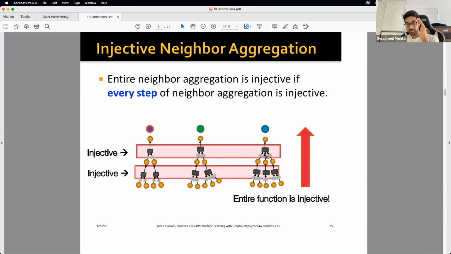If a graph is to tell these things apart, it needs injectivity. What does injectivity mean? It means at every level, we can examine these node state updates and say, okay, look, this rooted subtree structure is different from the other rooted subtree structure. How do we do that? By looking at neighbors at each step.